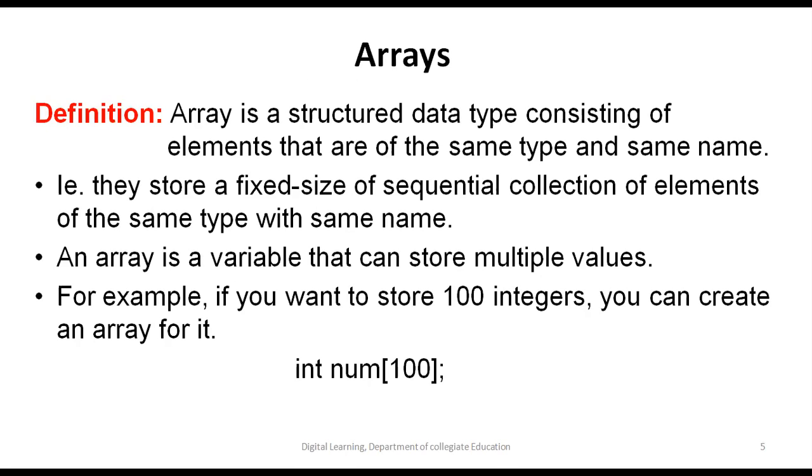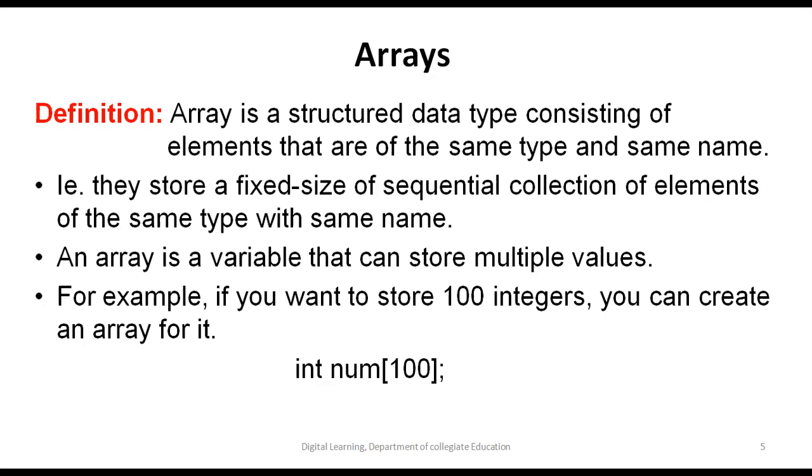Arrays. An array is a collection of data items, all of the same type, that can be accessed using a common name. It can also be defined as a structured data type consisting of elements that are of the same type and same name. That is, they can store a fixed-length sequential collection of elements of the same type with the same name.